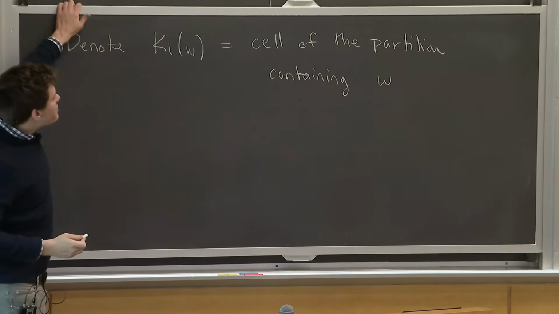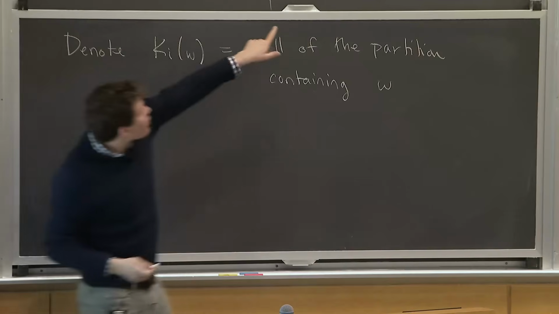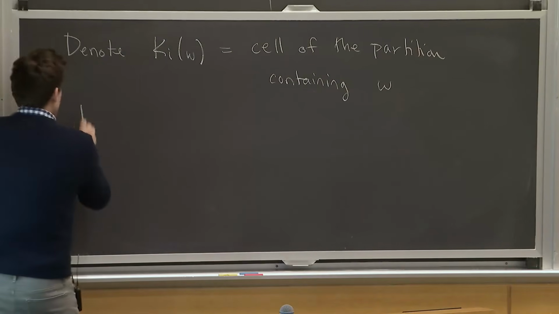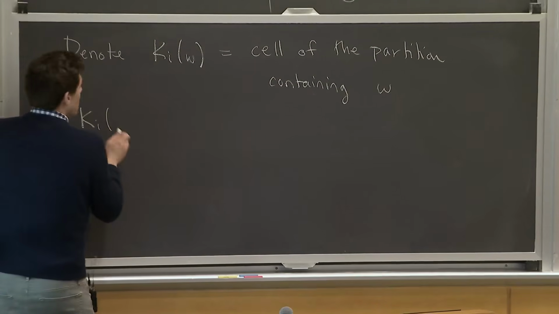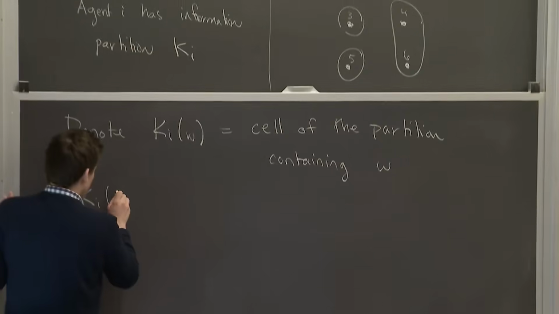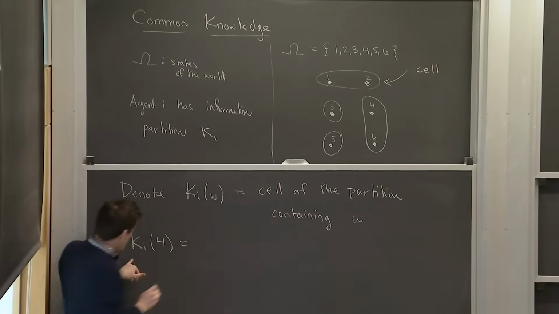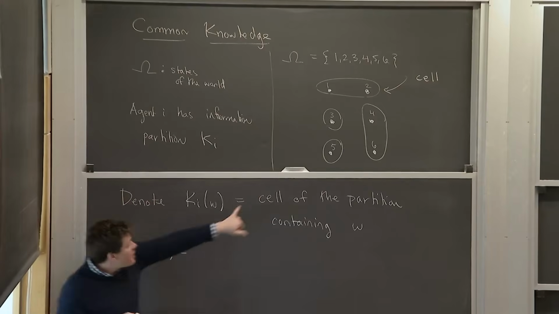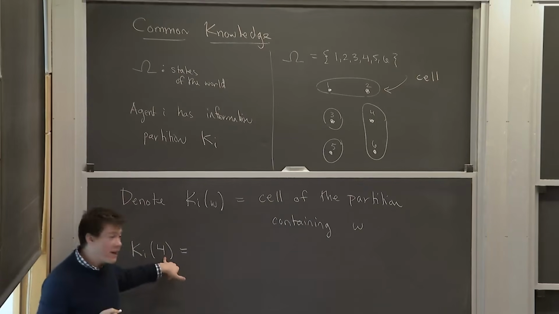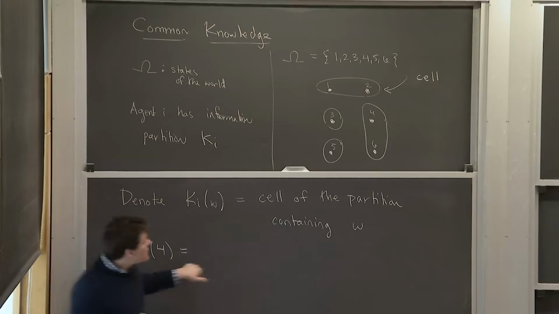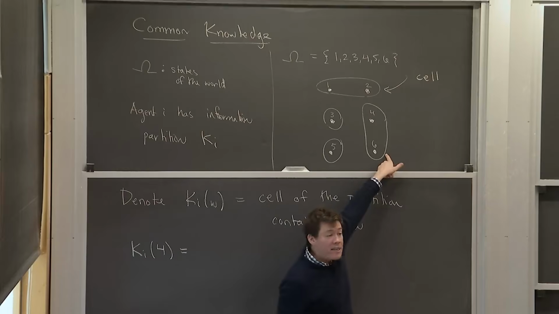So again, I think it's easier to just see it in an example. Let's look at our example over here. What would Ki of, say, 4 be? Well, Ki of 4 is going to be the cell of the partition that contains the state 4. In this case, that's going to be this cell.